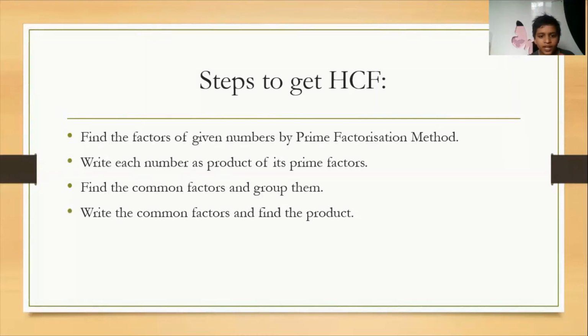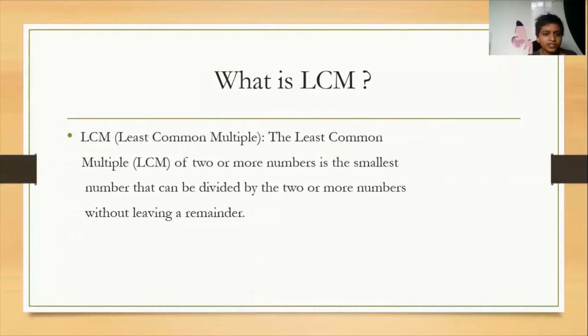Write the common factors and find the product. What is LCM? LCM, least common multiple. The least common multiple of two or more numbers is the smallest number that can be divided by the two or more numbers without leaving a remainder.